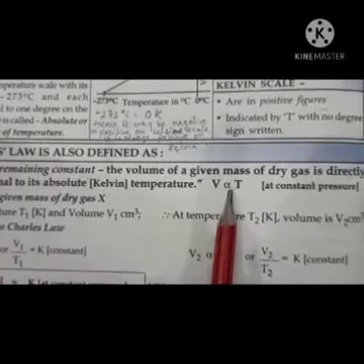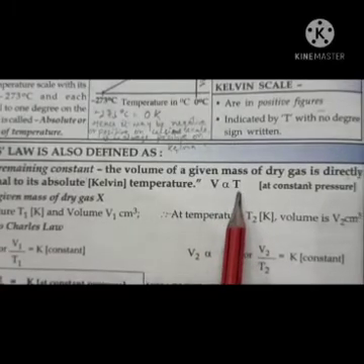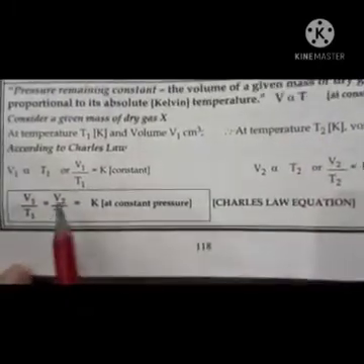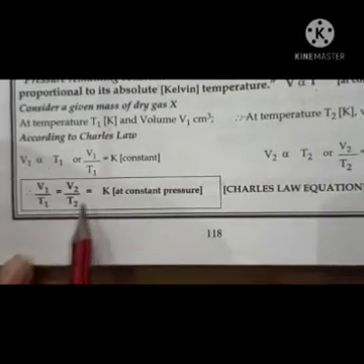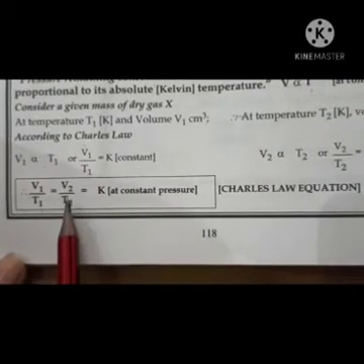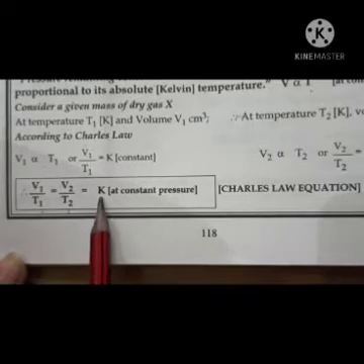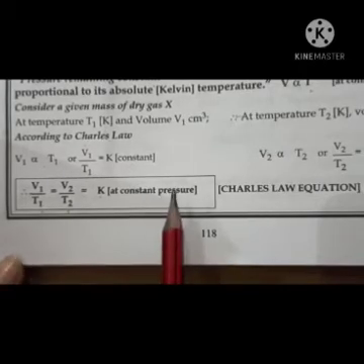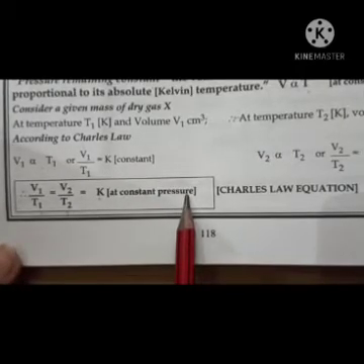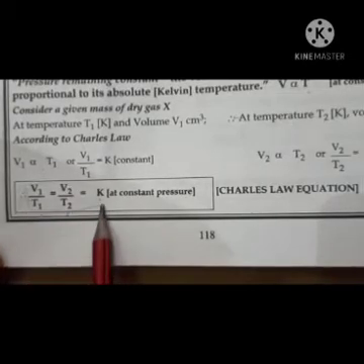That is, V is directly proportional to T. And you have to learn this formula, the Charles law formula: V1 upon T1 is equal to V2 upon T2 is equal to K, a constant, at constant pressure. This is called the Charles law equation.